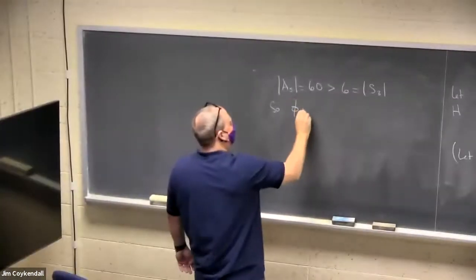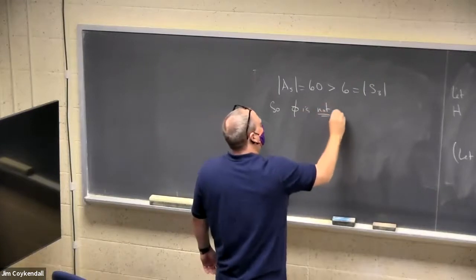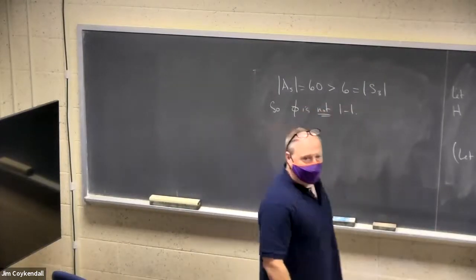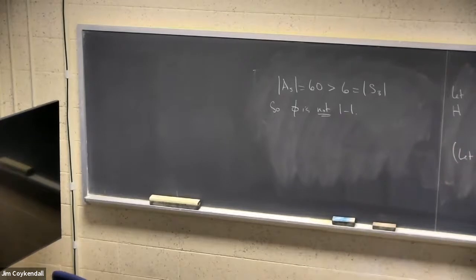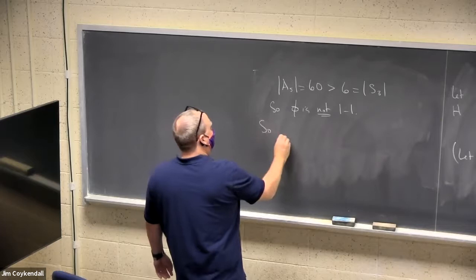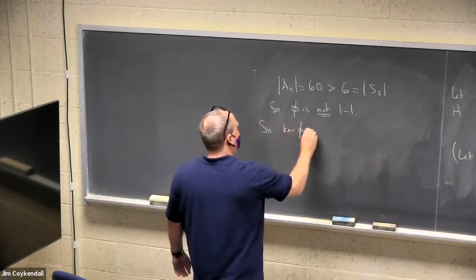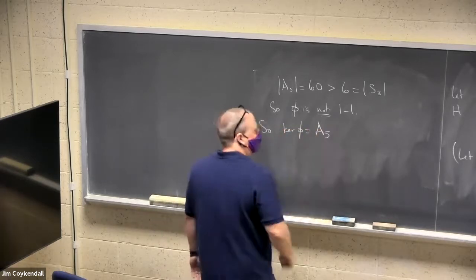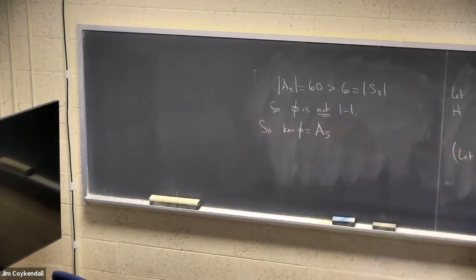So P is not one-to-one. So the kernel of P is A5. Why is that? That is correct. A5 is simple.